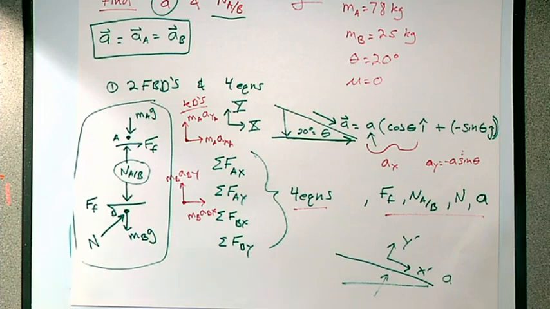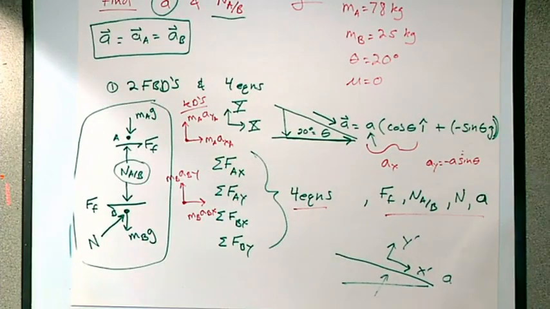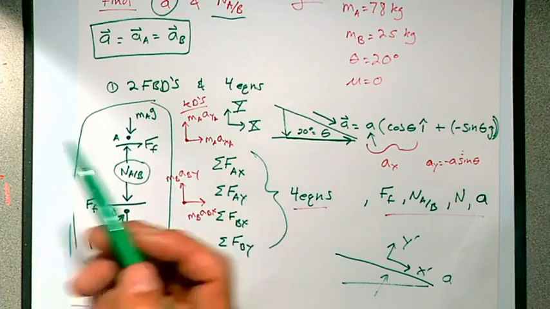So for particle A, and I'm looking at this in the y direction, because that's got the piece I'm interested in. So if I do that, sum of forces in the y for particle A, positive going up. Got an NAB and a minus MAG.